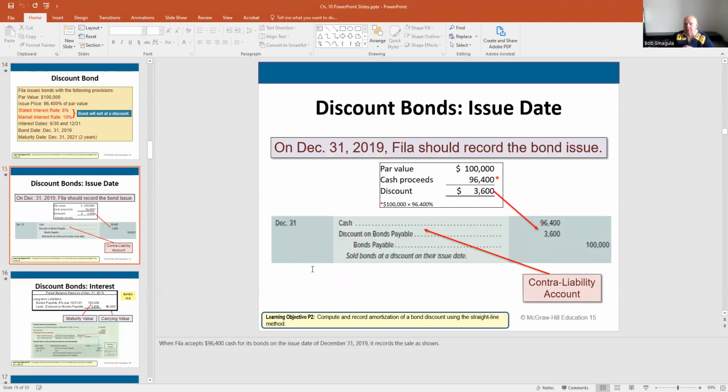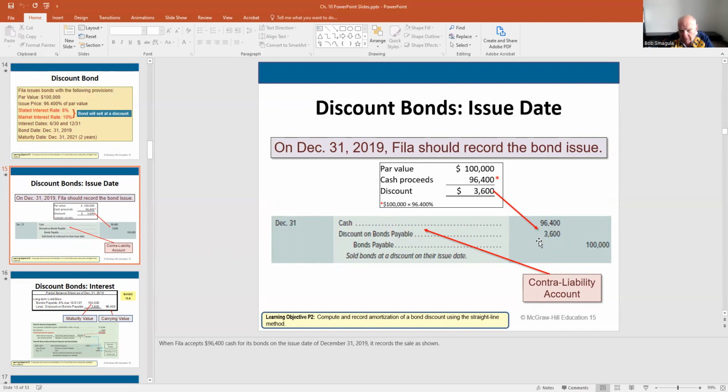Now, look at this journal entry here. This is the basic entry to record the bond at a discount, huh? How much money do we want to borrow? $100,000. How much cash did we actually receive for that bond? We only received $96,400. We're going to debit cash for $96,400.